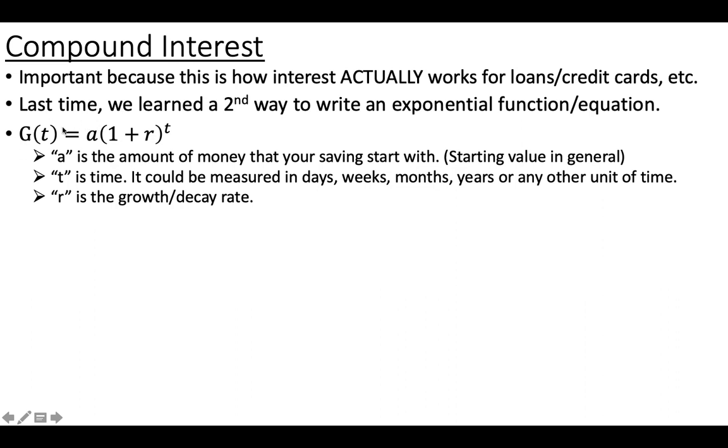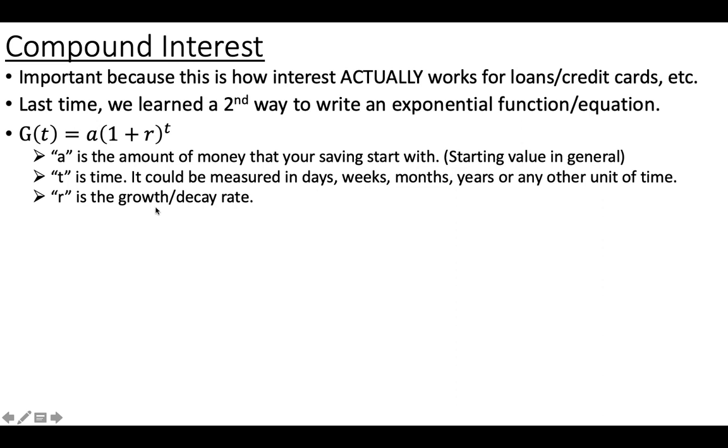Okay, so this g of t equals a, and then in parentheses 1 plus r, and the parentheses have an exponent of t. And what we talked about last time is a is the amount of money that you start your savings account with, or just your starting value in general. T stands for time. It could be measured in days, weeks, months, years, or other unit of time.